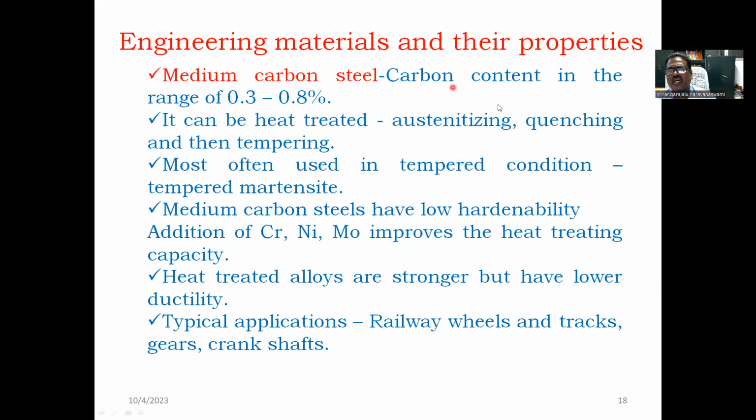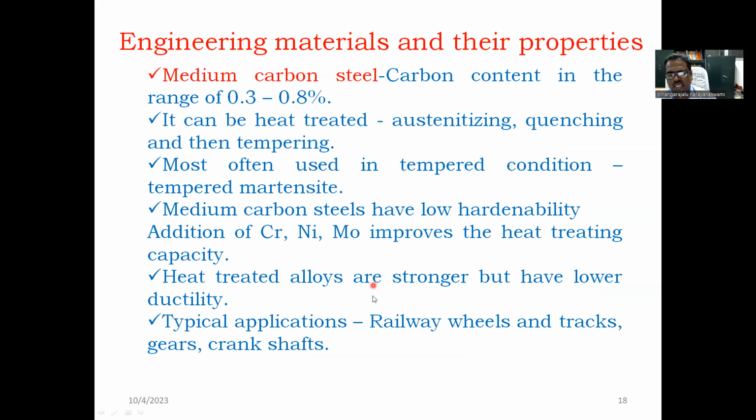Medium carbon steel has a carbon content in the range of 0.3 to 0.8%. It can be heat treated: austenitizing, quenching, and then tempering. Most often used in tempered condition, tempered martensite. Medium carbon steels have low hardenability. Addition of chromium, nickel, and molybdenum improves the heat treating capacity.